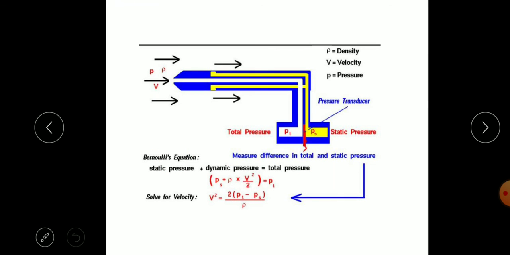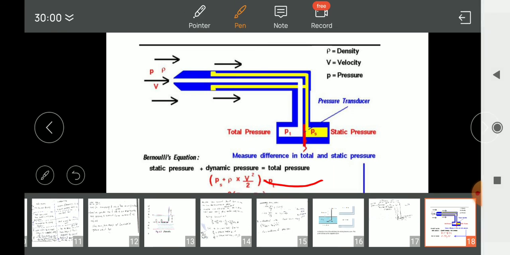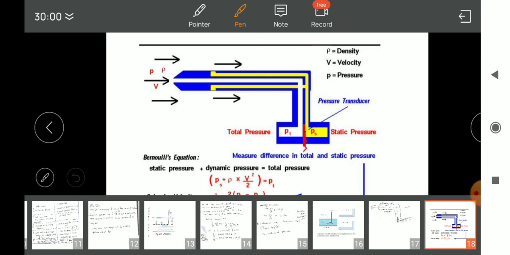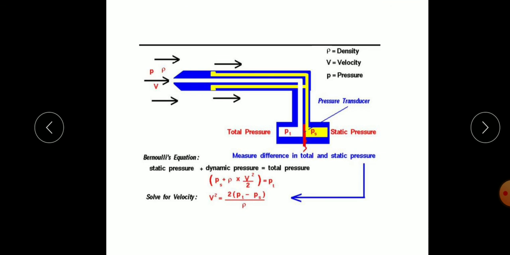Here we can show one more diagram. The total pressure at this point is the static pressure, which is due to the pressure, plus the dynamic pressure, which is due to the velocity. So total pressure is static pressure plus dynamic pressure. The static pressure is ps, and the dynamic pressure is rho v square by 2, which is because of velocity.